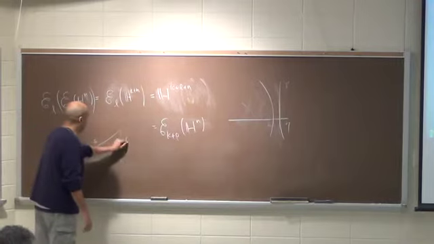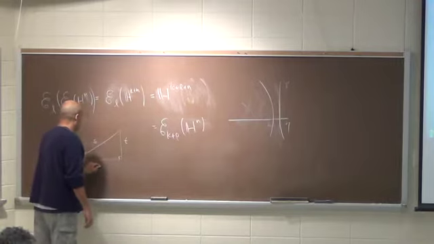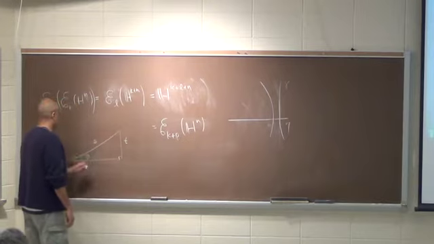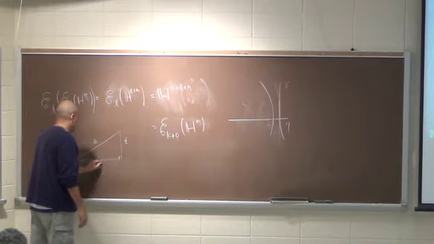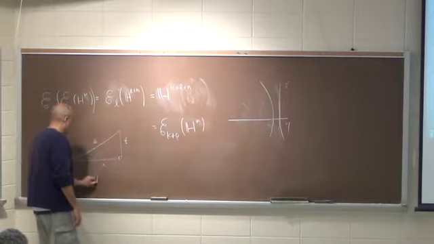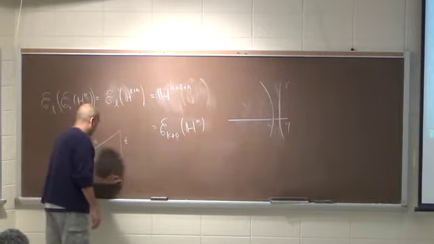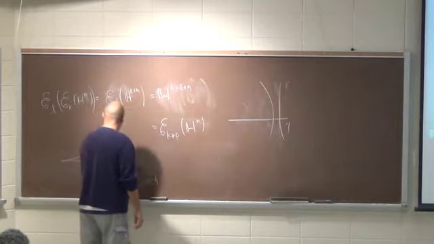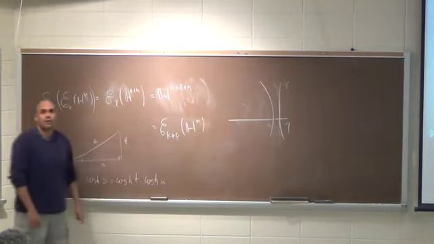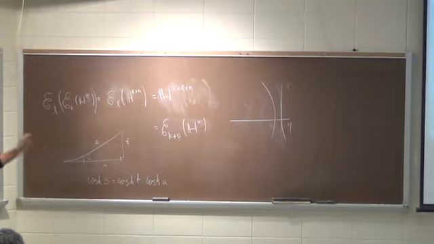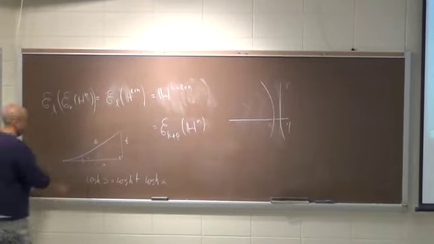If this is S, this is T, and this is A, then cosine hyperbolic S is equal to cosine hyperbolic T times cosine hyperbolic A. That's the hyperbolic law of cosines for right triangles.